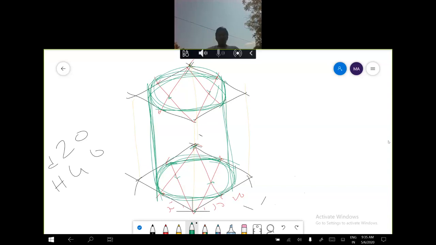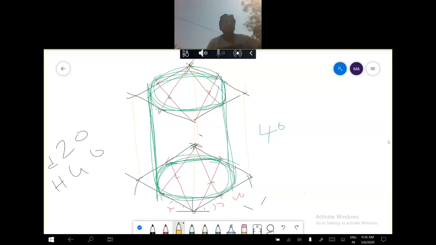Understand? This is the isometric projection of a cylinder whose base diameter is 20 mm and axis height is 40. This height is 40 from here to here. Understand?